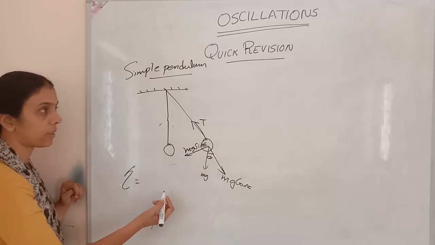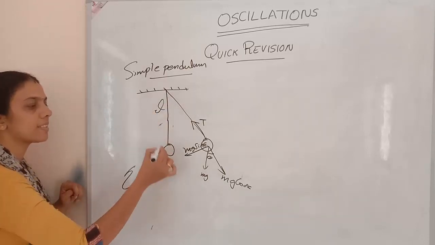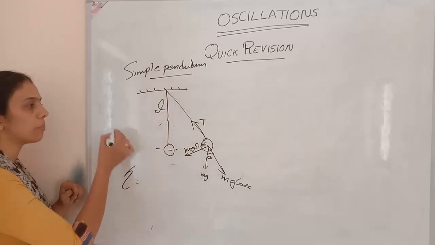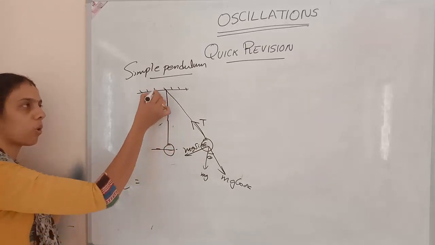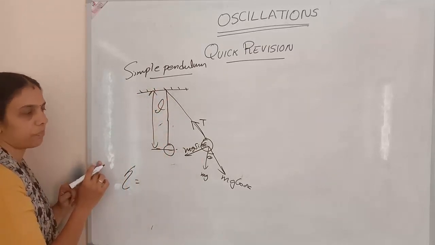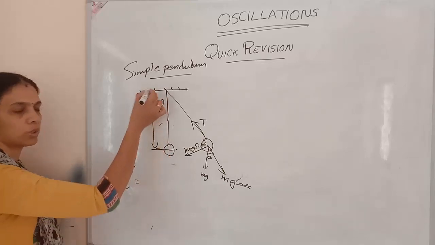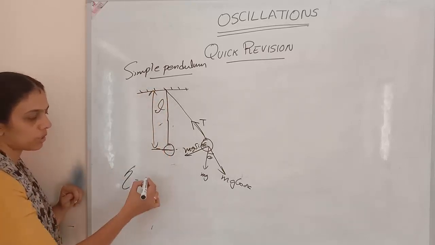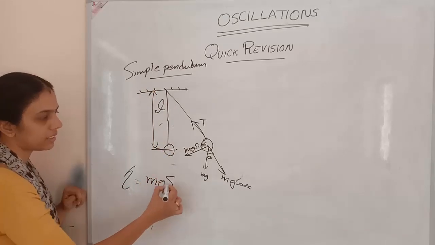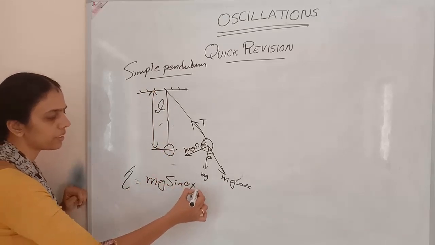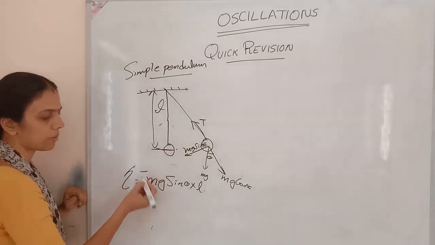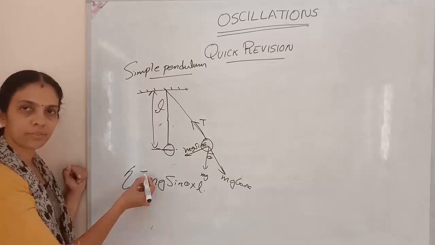That is equal to R cross F. If L is the length of the pendulum, from the center of the ball to the fixed position, then torque equals mg sin theta into L, acting in the opposite direction, so it is minus.